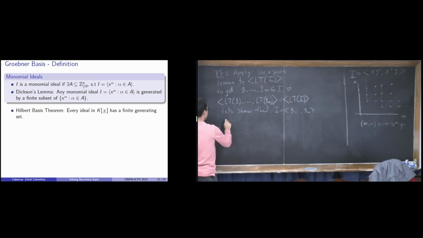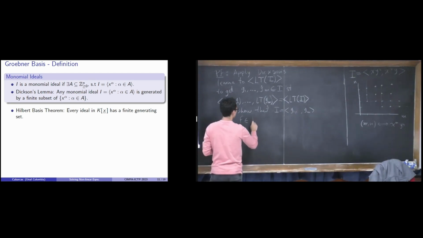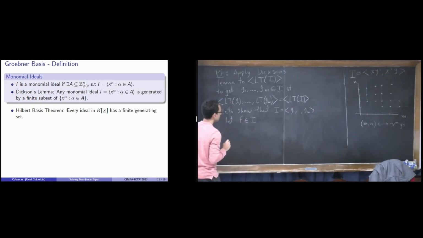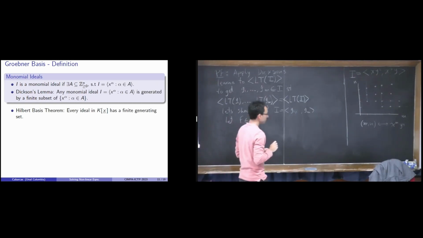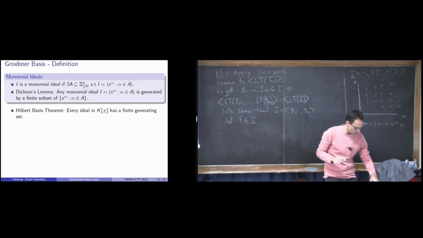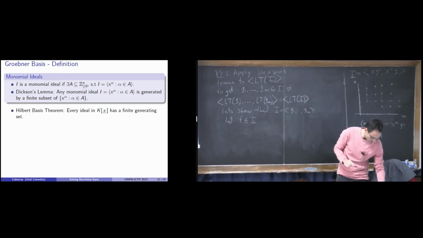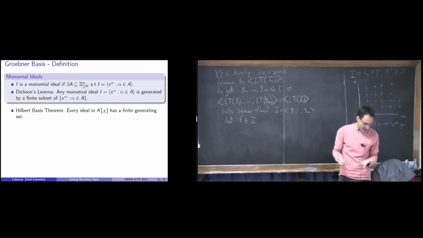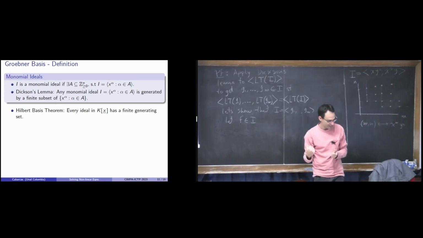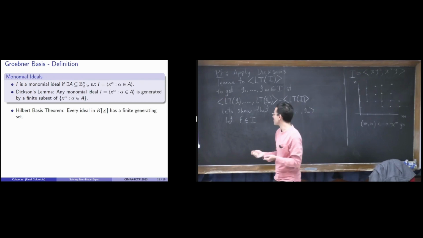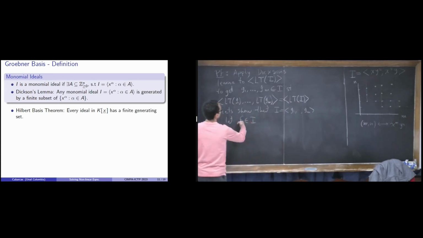So to do that, let's take any polynomial f in the ideal. And let's divide it. So let's do the division algorithm of f using those GIs.